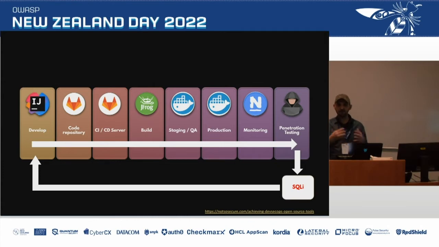Because that vulnerability may have existed in your platform when you probably developed that product. But you didn't know that vulnerability existed until you got a pen test done. So this is your typical traditional security assurance that we get from typical deployment pipelines.